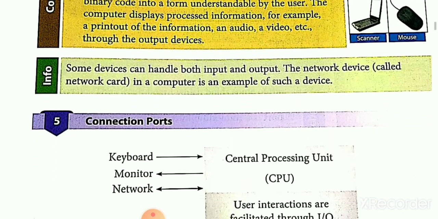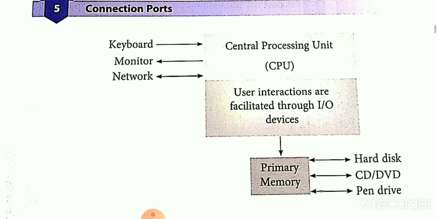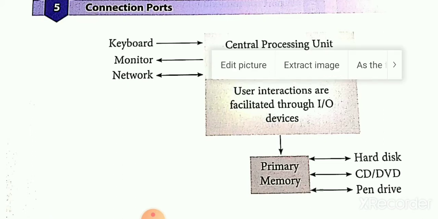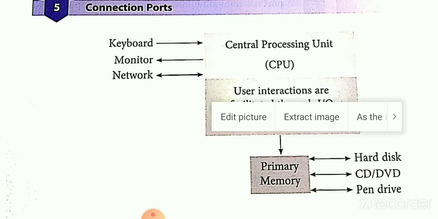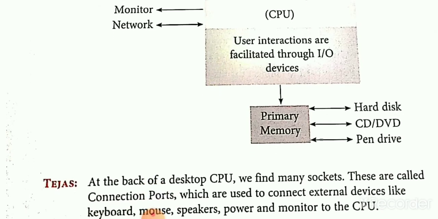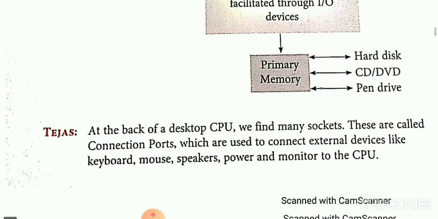Now move to connection ports. Keyboard, monitor, network, they all are connected with the CPU. CPU means central processing unit. User interaction is facilitated through input devices, and storage means primary memory, hard disk, CD and pen drive.